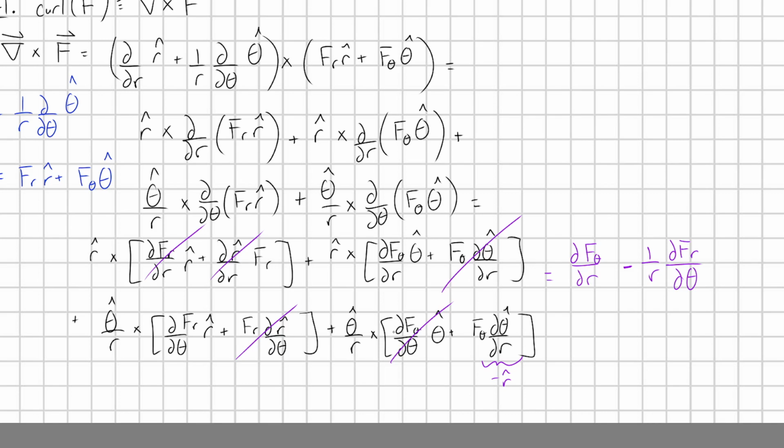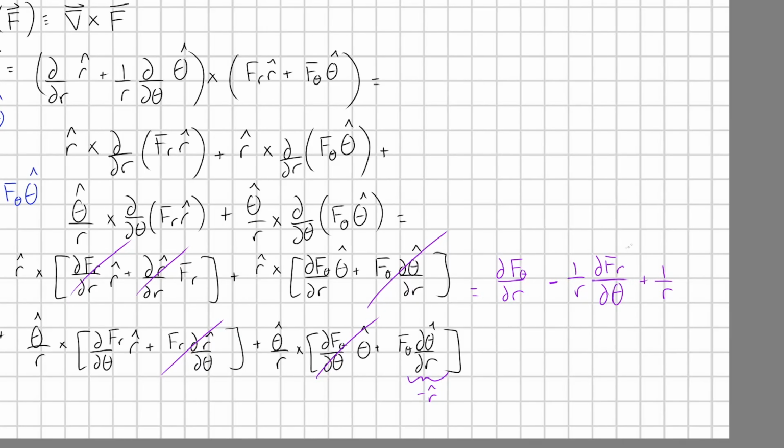And theta hat cross minus r hat: a double negative going on here. Theta hat cross r hat is minus 1, but minus times minus is a plus, so we have plus 1 over r times f_theta left over. So really we have just f_theta over r.